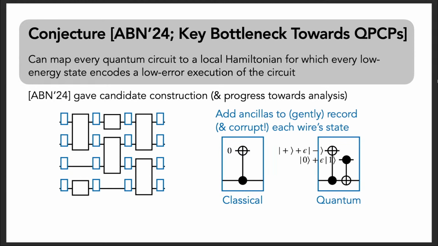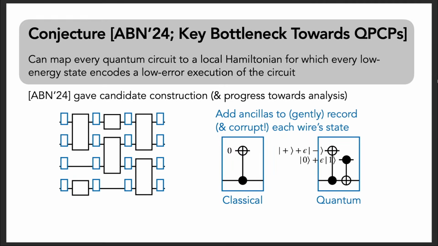But the ABN work had a really nice observation that we can do something almost as good. We can gently record the state of the wire. We can write down something that has a little bit of information about what's in the wire. It won't totally corrupt the wire, it will mildly corrupt the wire. Strictly speaking, the circuit to do that has two ancillas, each a little bit off from a 0 or plus state, and we do some CNOT gates.